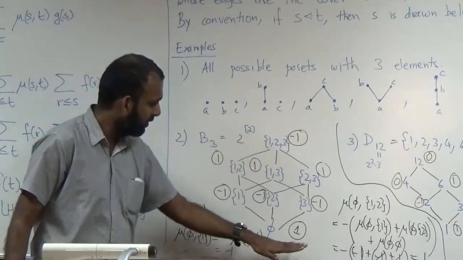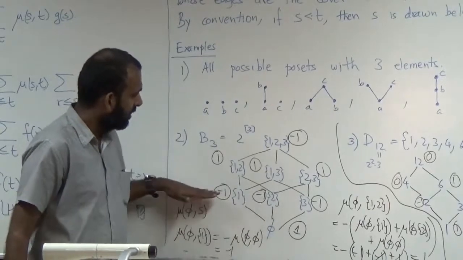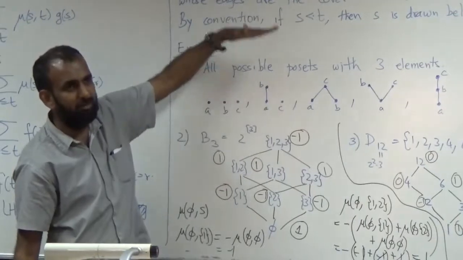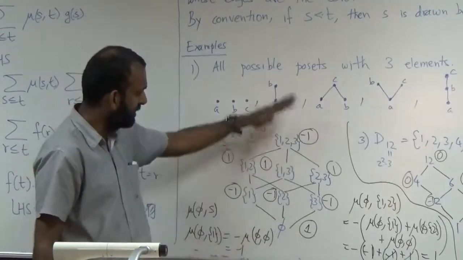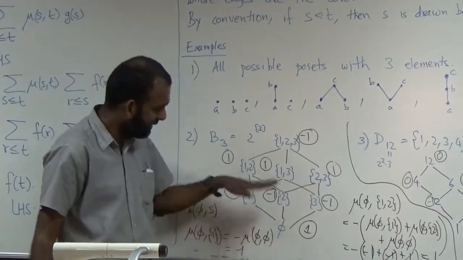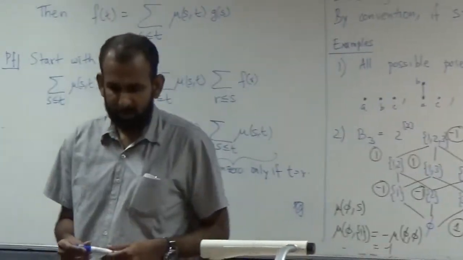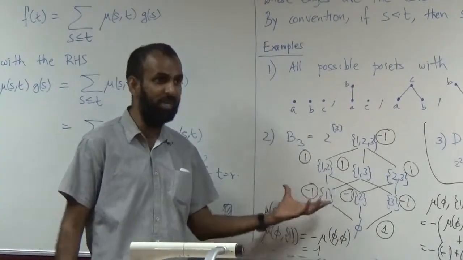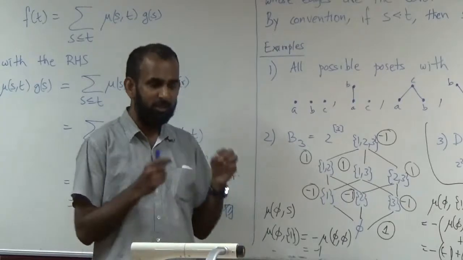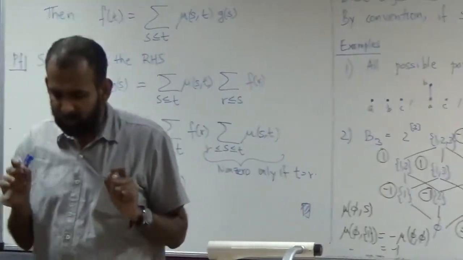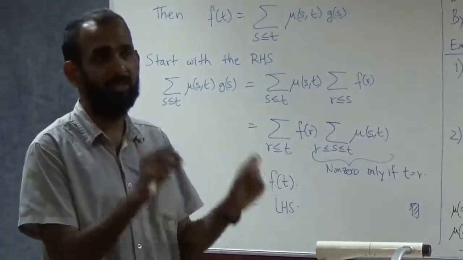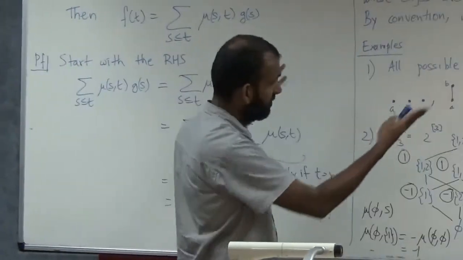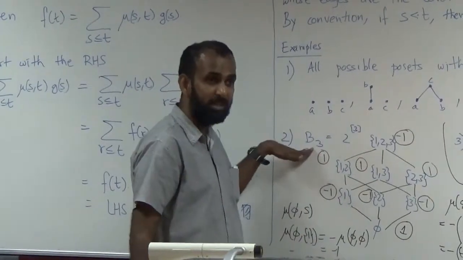You'll always have 1 at the bottom, minus ones at the next level, then ones at the next level, minus ones at the next level. This will always go on. And this is where the fact that I told you that the Mobius function takes values plus and minus 1 only for this POSET comes into play. So the principle of inclusion-exclusion has these coefficients which are ones and minus ones. They are a special case of the Mobius inversion formula corresponding to the POSET B_n.